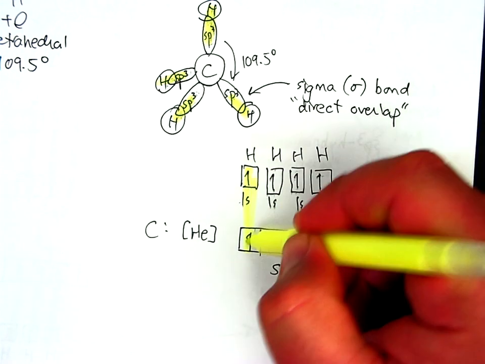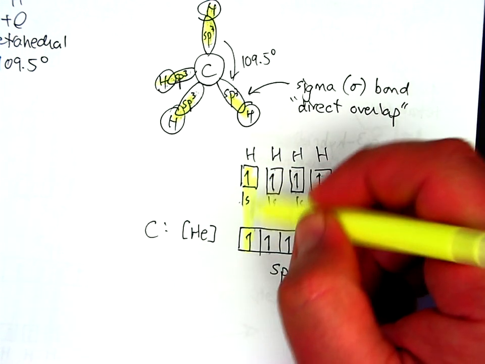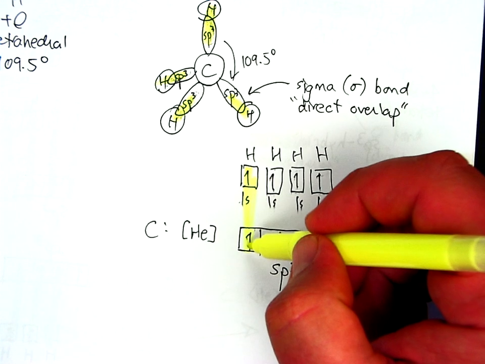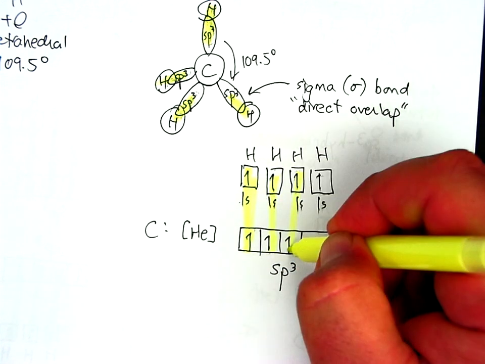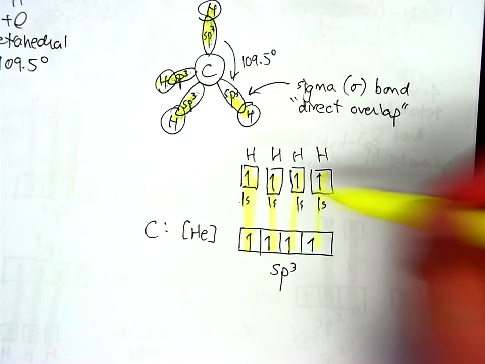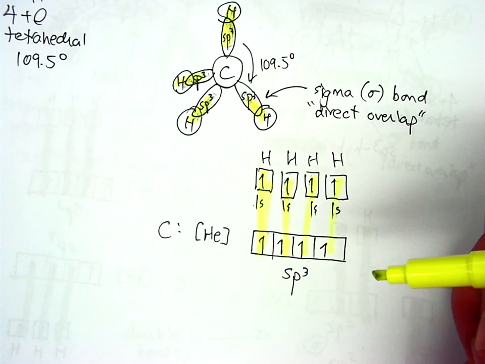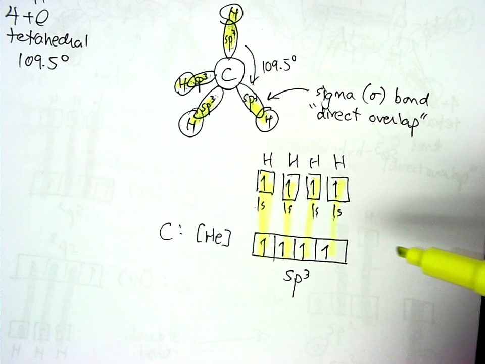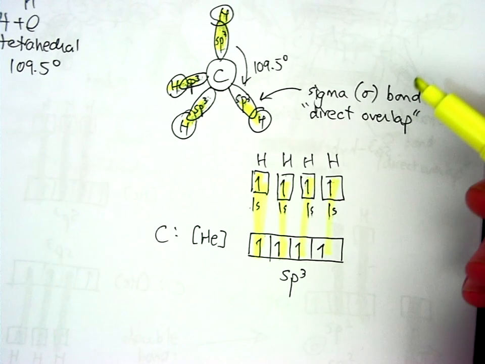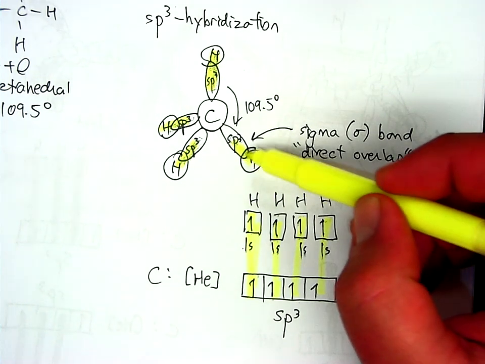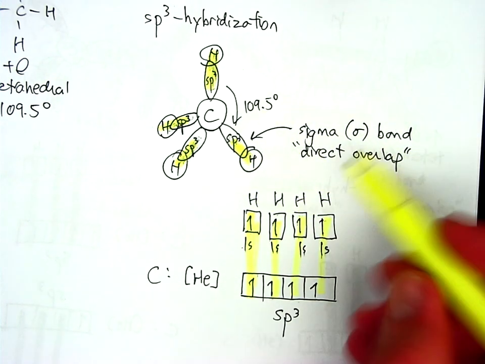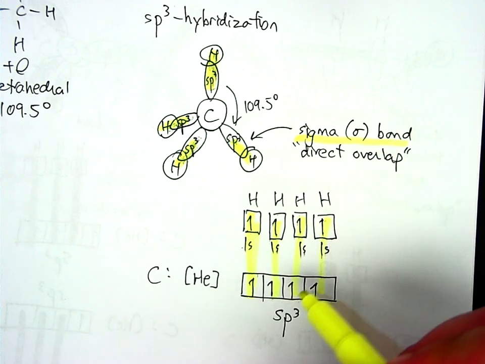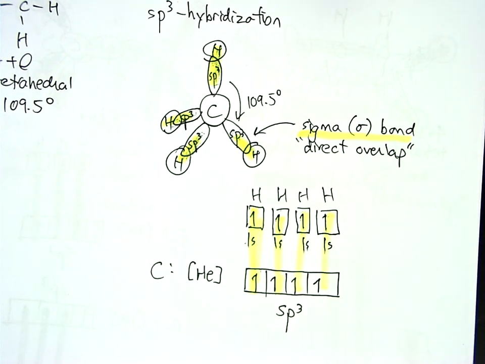And they'll form overlaps between their sp3 hybrid orbitals and the 1s orbitals of each of the hydrogens. So a little diagrammatic way to integrate the electron configurations with the picture we see. One additional thing I want to say is if you have this direct overlap between orbitals, we call this a sigma bond, okay, for direct overlap.